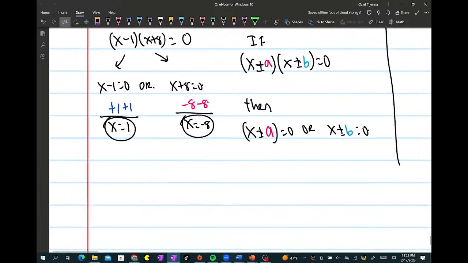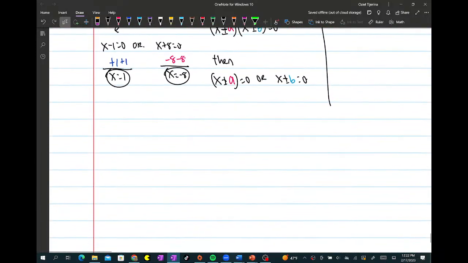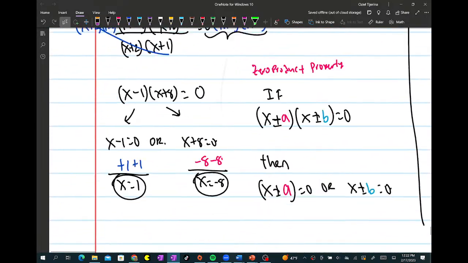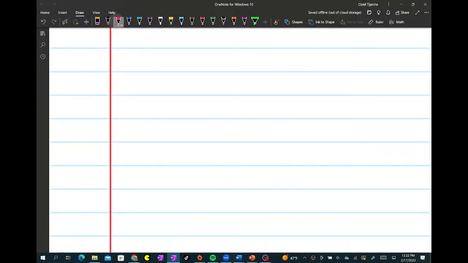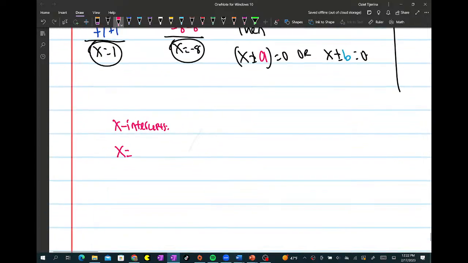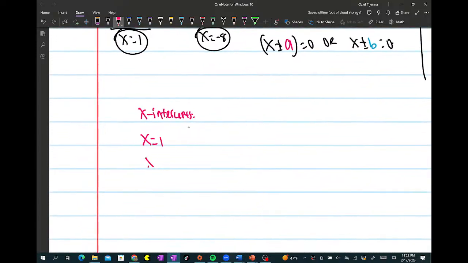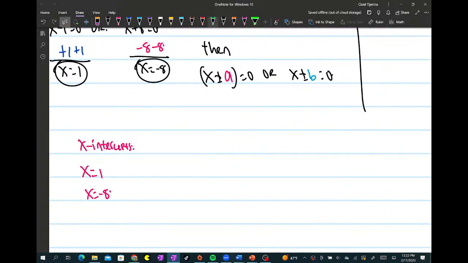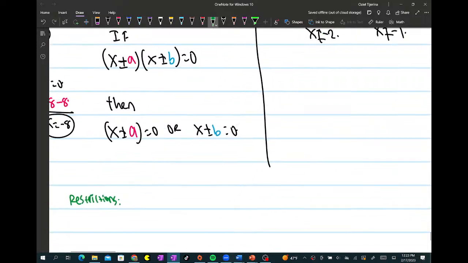And now let's go ahead and list the x-intercepts. So the x-intercepts are the following: x is equal to 1, x equals negative 8, and like I said, the restrictions, where the expression on the bottom, x cannot be equal to negative 2.